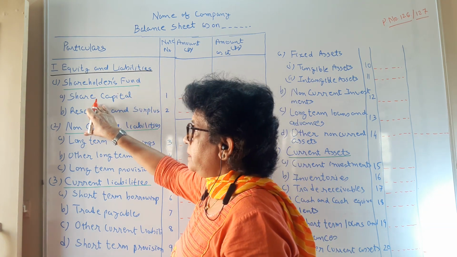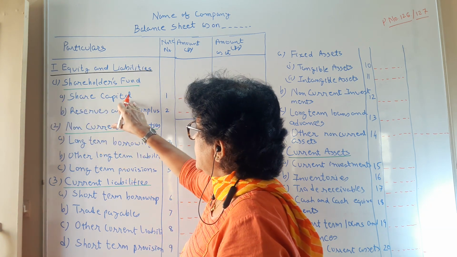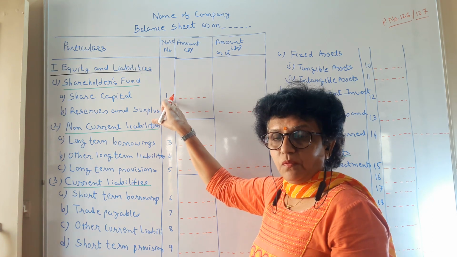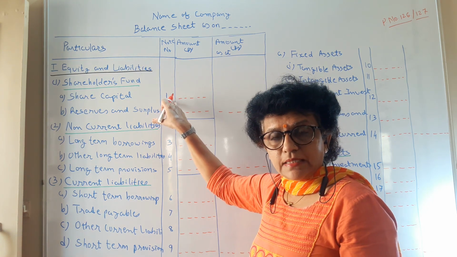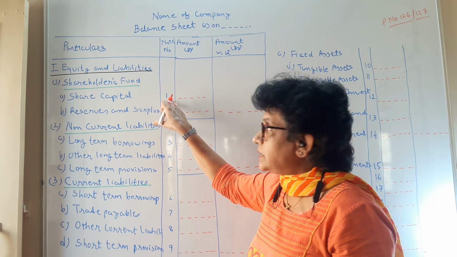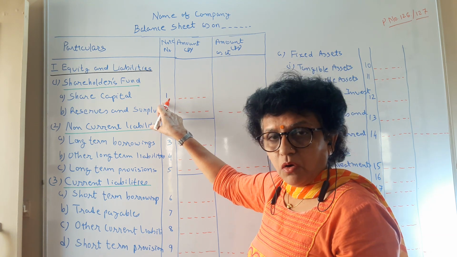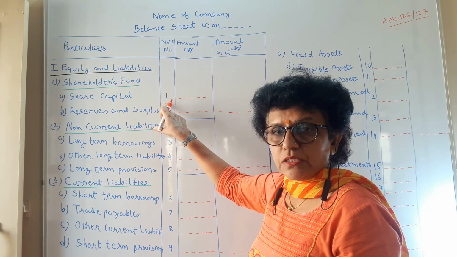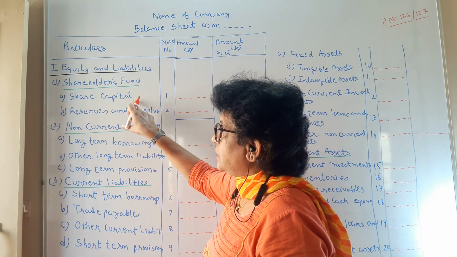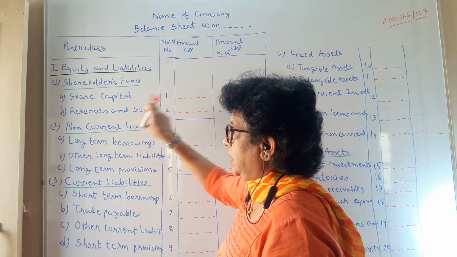That is subdivided again, first point A, that is share capital. Now share capital may be explained in various ways: authorized capital, issued capital, subscribed capital, paid up capital. So in a note you are going to explain all the details regarding the share capital. So equity share capital we are talking about, and the note related to that, point number 1.